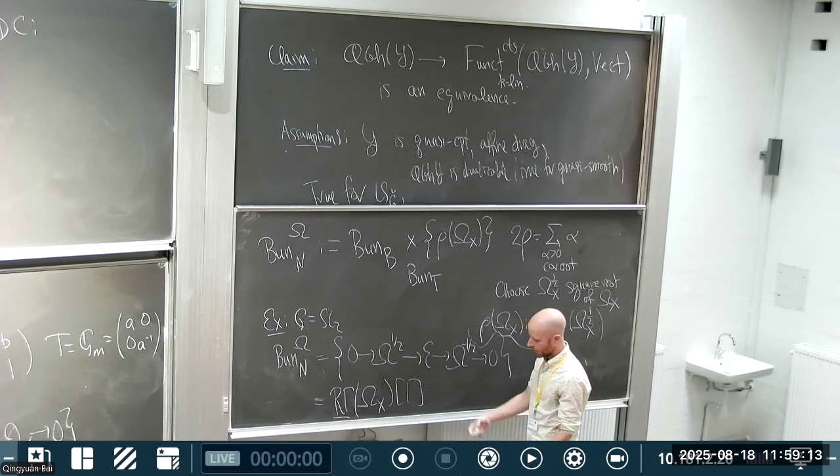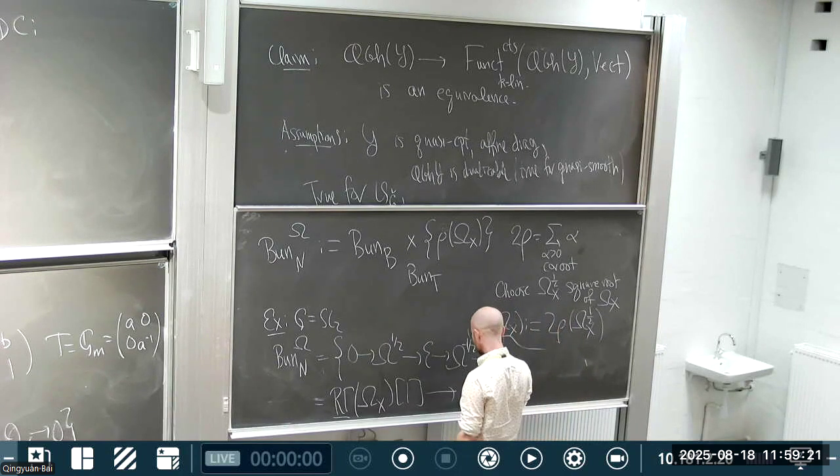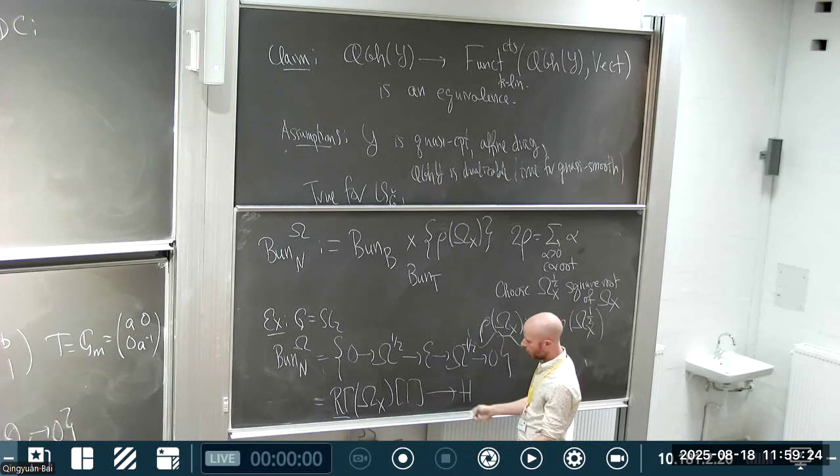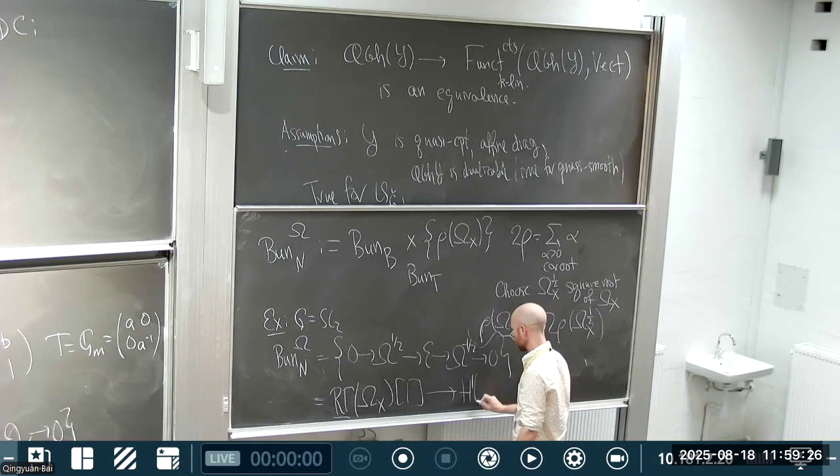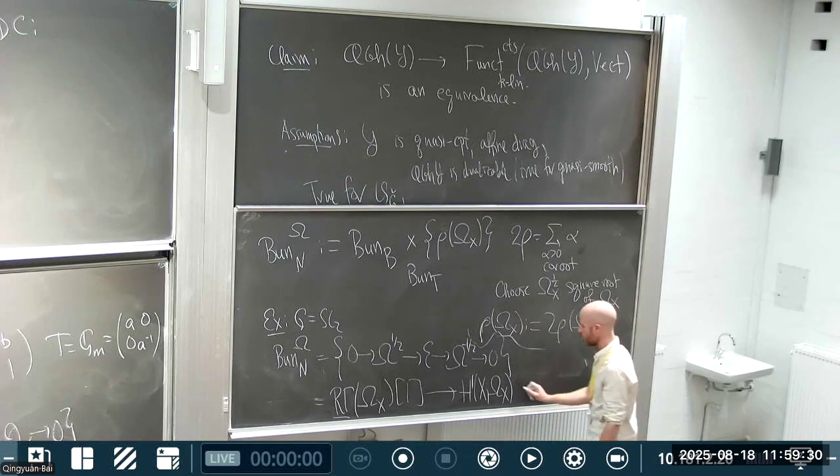If you're happy to think of a finite dimensional vector space as a scheme, you can think of a complex in degrees -1 and 0 as a stack. By design, if you think really hard about chain complexes, this maps to H1 of X with coefficients in omega X, and the reason I like this twist is that this is A1.